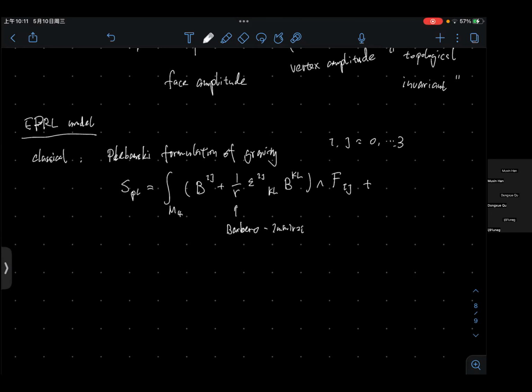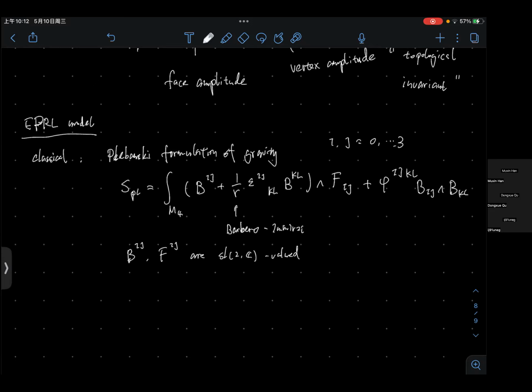So the first term is just a BF action, twisted a little bit with B. And there's a second term, where phi is a Lagrange multiplier: phi times B^{IJ} wedge B^{KL}, and that's it. This is the Plebanski action. Here B^{IJ} and F^{IJ}, where F is just the curvature, are SL(2,C) Lie algebra valued.